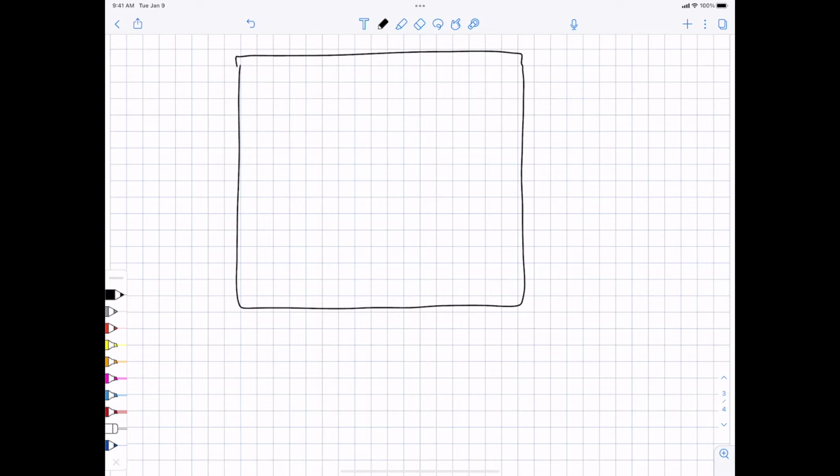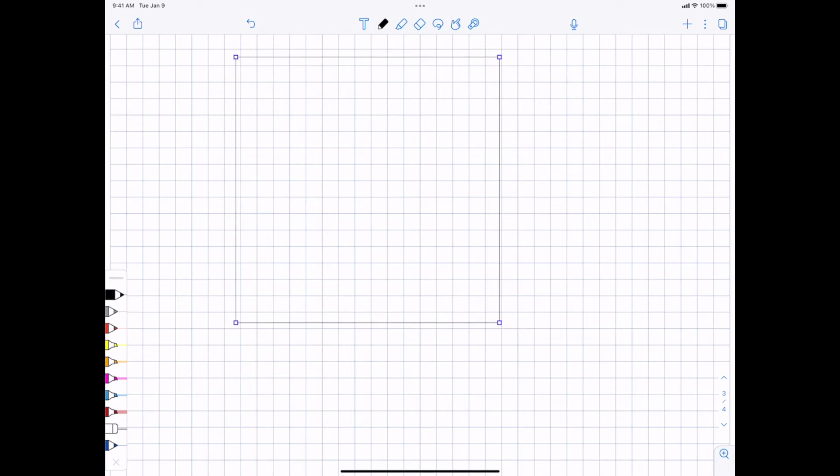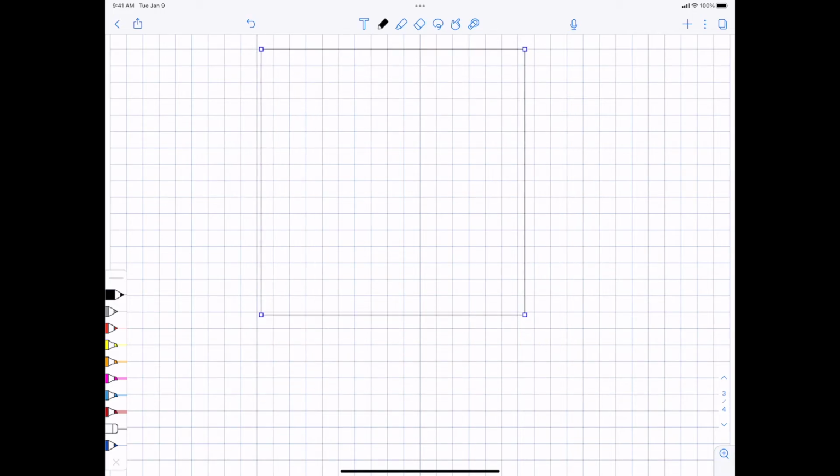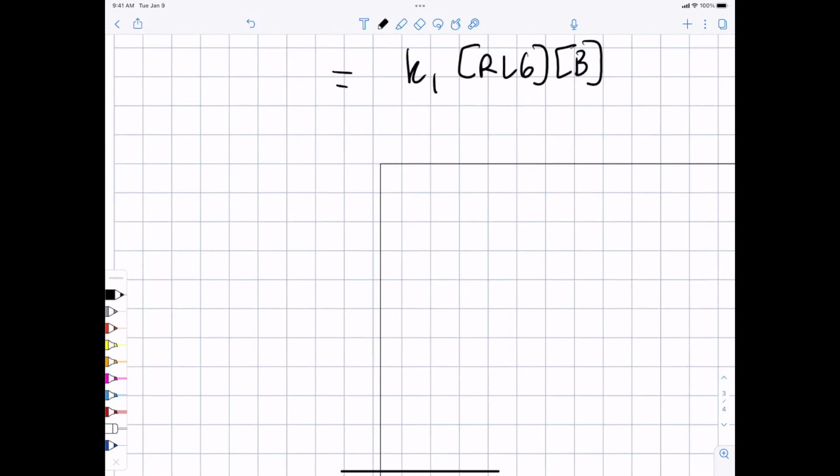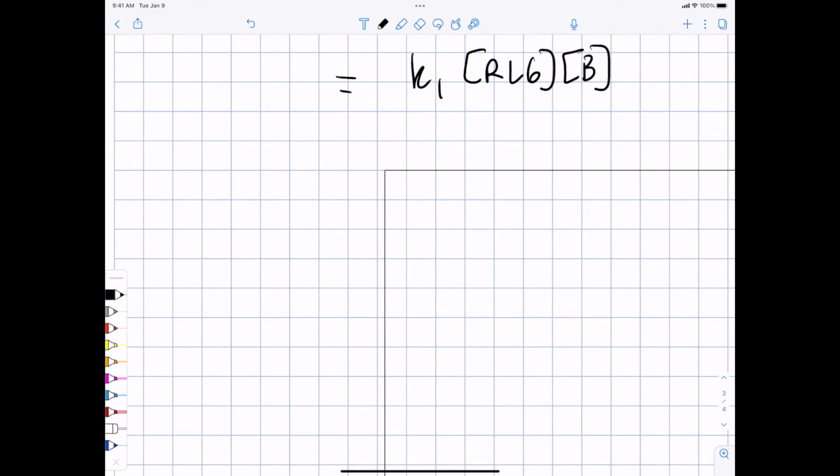I think if I hold my, yep, ooh, that's a lovely square, isn't it? Okay, so let's just imagine we have our starting material in this upper right-hand corner. You've got the beta proton, the alpha leaving group.